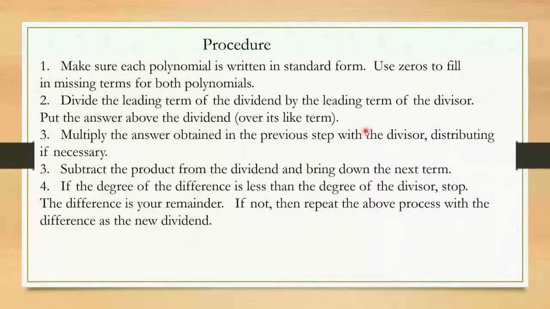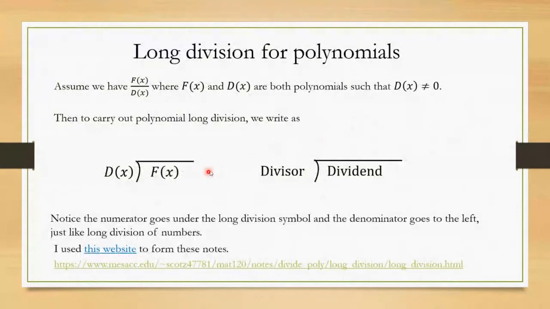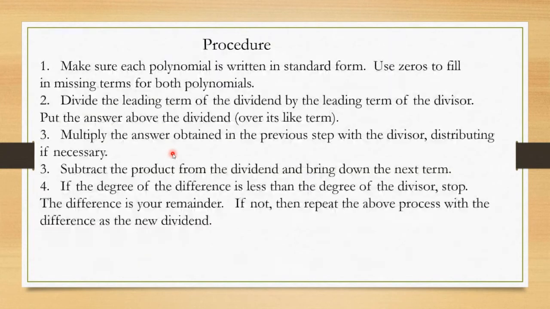The answer you get, you're going to put over the dividend, just like with real number division, over its like term. And then you multiply the answer by the divisor, subtract that from the dividend, and bring down the next term.